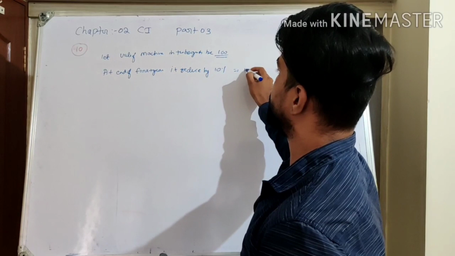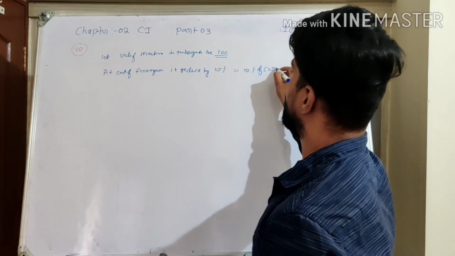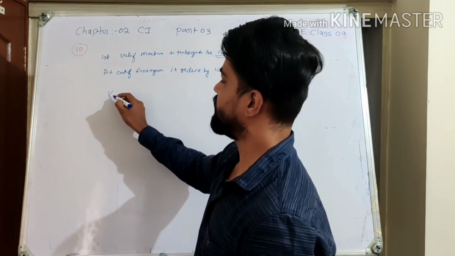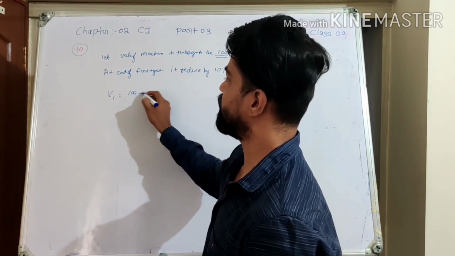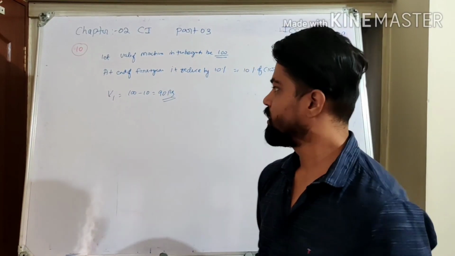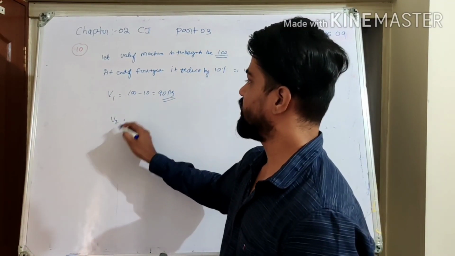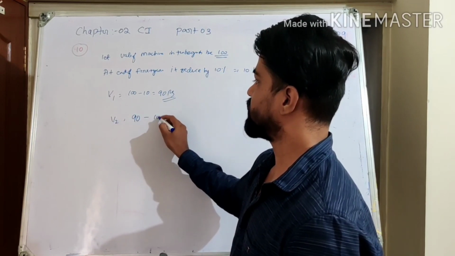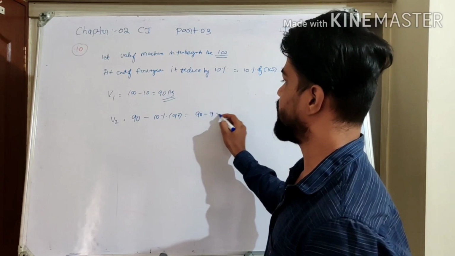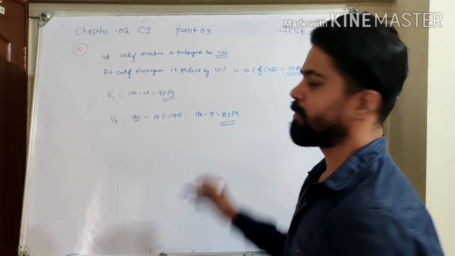That is 10% of 100 is 10 rupees. So value of the machine at the end of the first year is 100 minus 10, which is 90 rupees. Okay. So at the end of the second year, it will be reduced by 10% of 90, which is 9, so 90 minus 9 is 81 rupees.